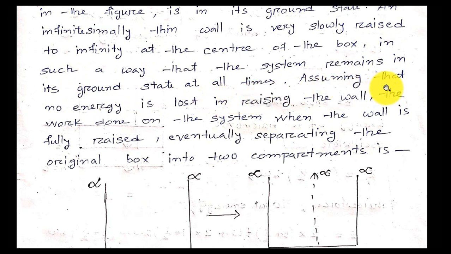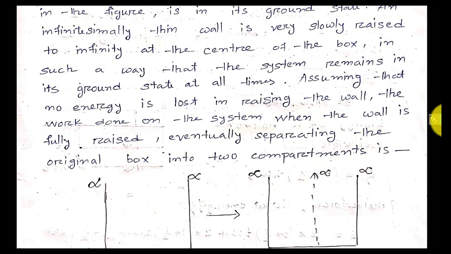Assuming that no energy is lost in raising the wall, the work done on the system when the wall is fully raised, eventually separating the original box into two compartments, is?